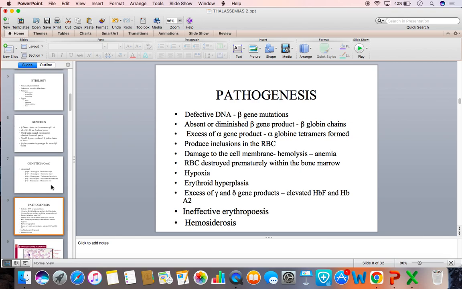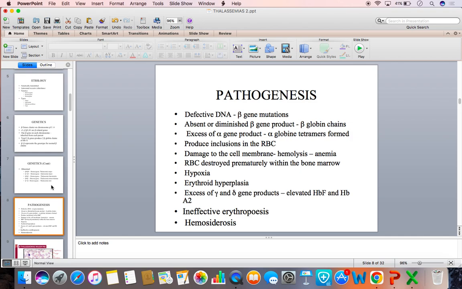The genes for the beta globin chains are located on chromosome 11, at the 6th position. Okay?